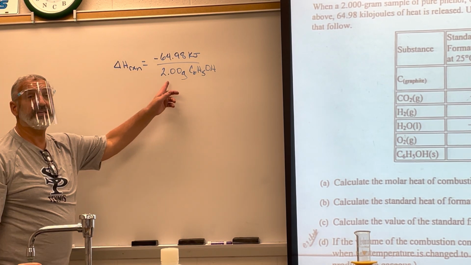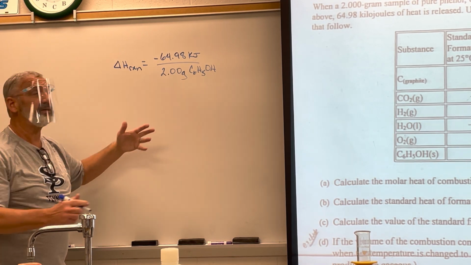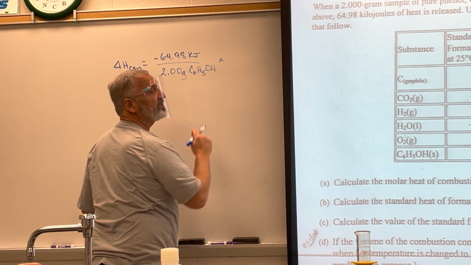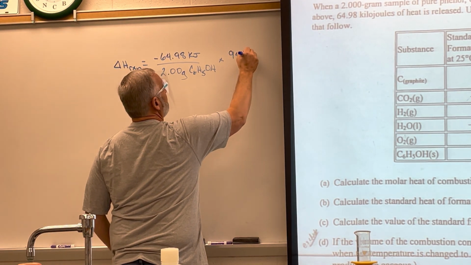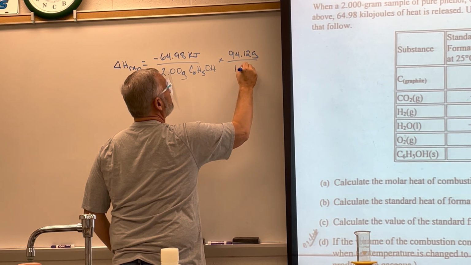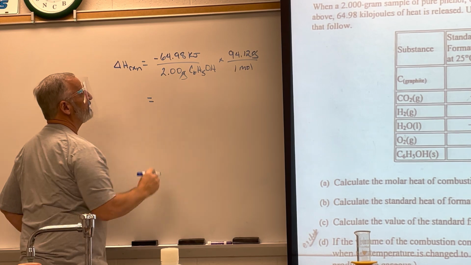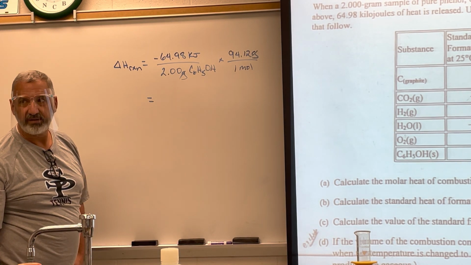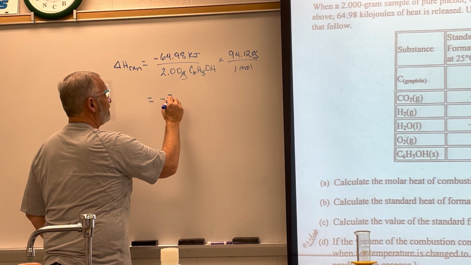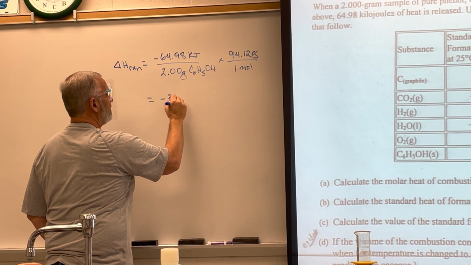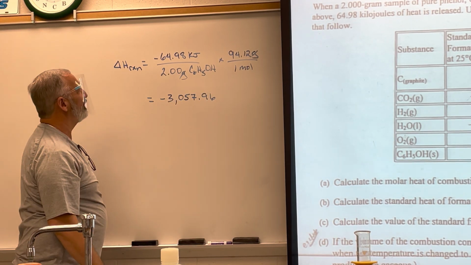Now you could very easily just convert 2 grams to moles separately and then divide it in. But we're just going to multiply by 94.12 grams over 1 mole, so grams are going to cancel. So this turns out to equal how much, Nathan? Negative 3057.96.